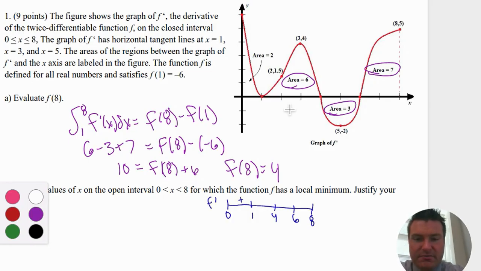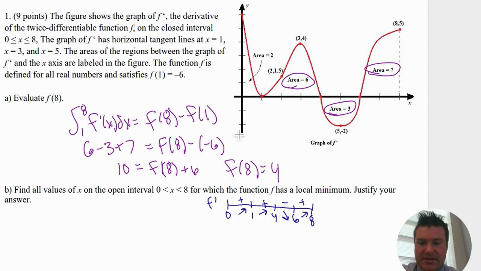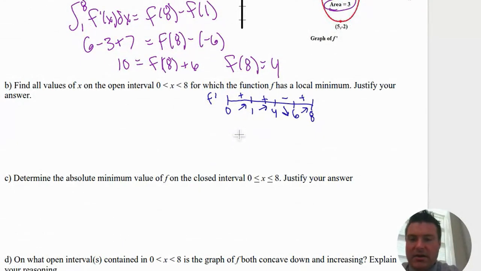Okay? So f prime here, this is f prime. We're positive from 0 to 1. We are positive from 1 to 4. We're negative from 4 to 6, and we're positive from 6 to 8. I draw these little arrows to kind of show me. And it looks like that we have a local minimum only going on at 6. So we're going to have a local min at x equals 6.